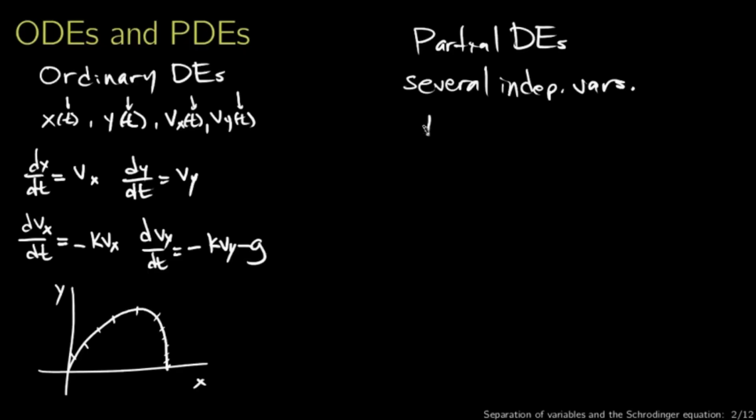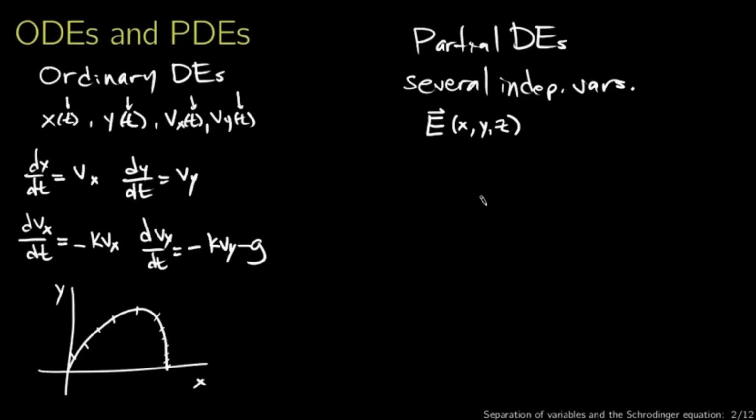For example, the electric field, the vector electric field in particular, as a function of x, y, and z. The electric field has a value, both a magnitude and a direction, at every point in space, so x, y, and z potentially vary over the entire universe.